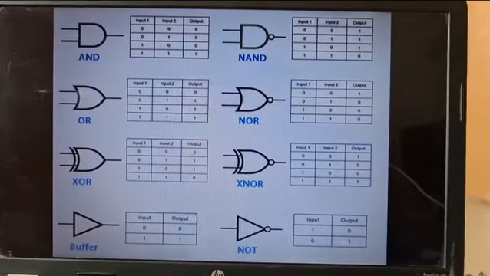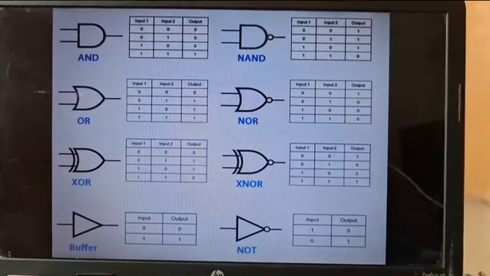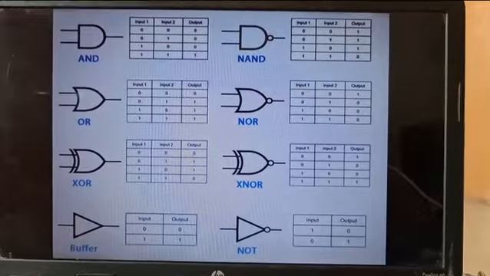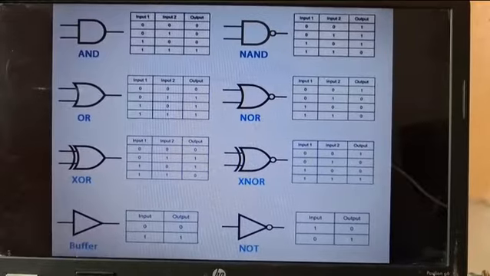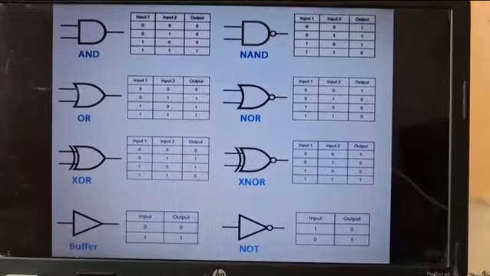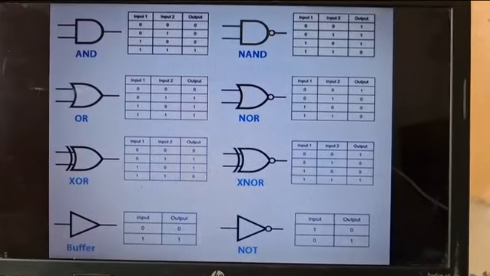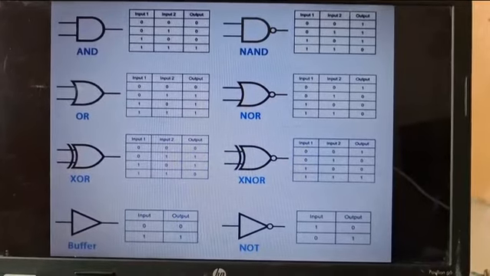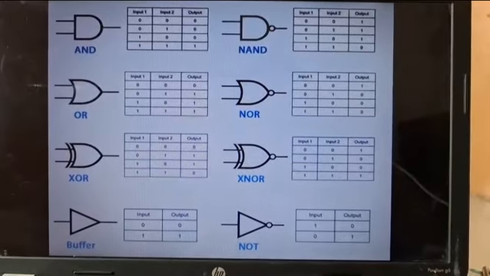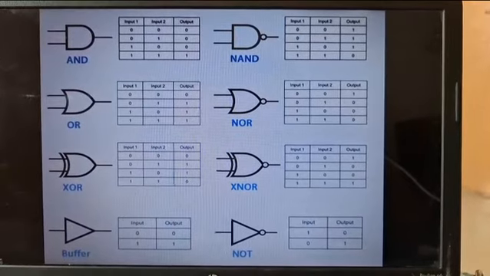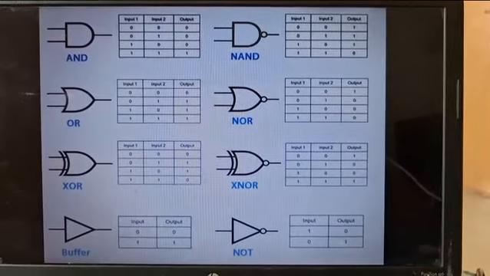XOR and XNOR gates are the special logic gates. The XOR gate gives output 1 only for different inputs, and the XNOR gate gives output 1 only for the same inputs. Here a buffer is also shown. A buffer gives the same output as the input.